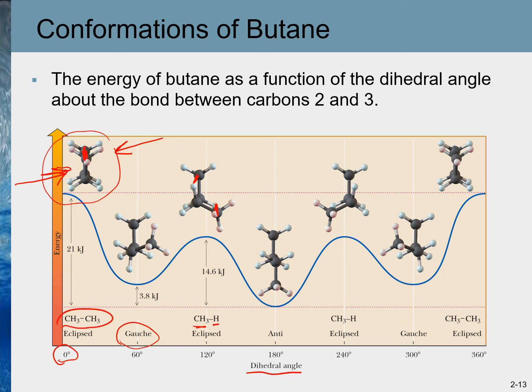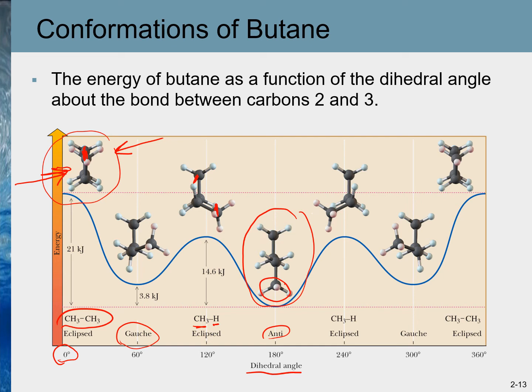And if the molecule rotates 60 more degrees, it will adopt the most stable conformation, which is anti-conformation. In anti-conformation, the methyl groups are at 180 degrees dihedral angle to each other. This is the most stable.